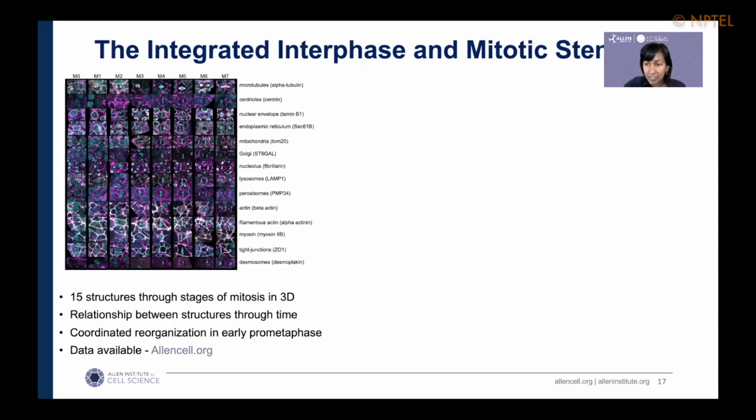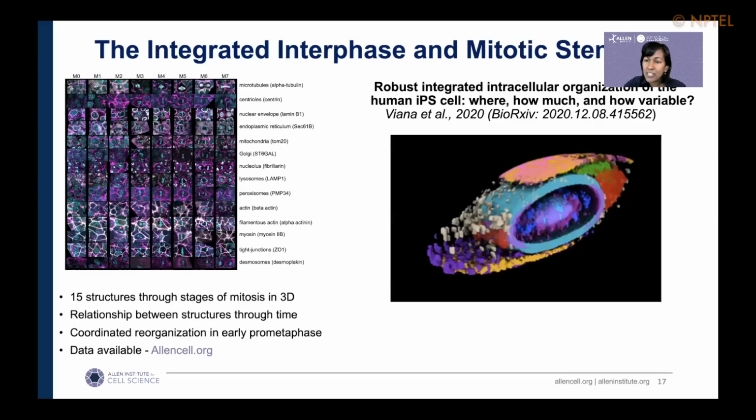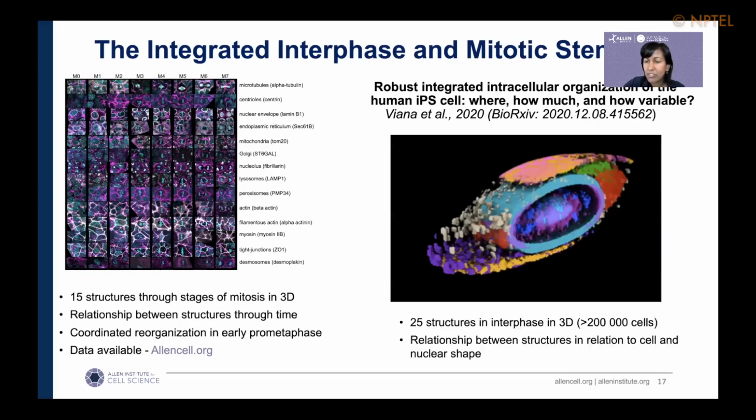are they related? And on the right here is a newest study that you can read in depth using this reference, where we have integrated 25 structures in 200,000 cells so that we can look at natural variation in a colony and understand, do these different structures change in different parts of the colony?